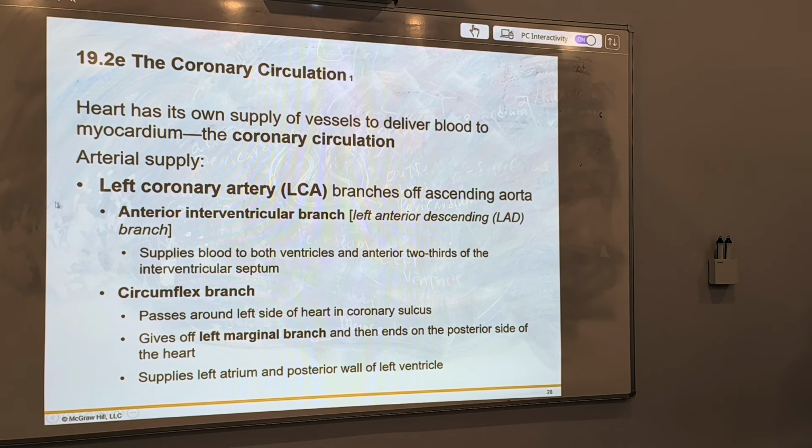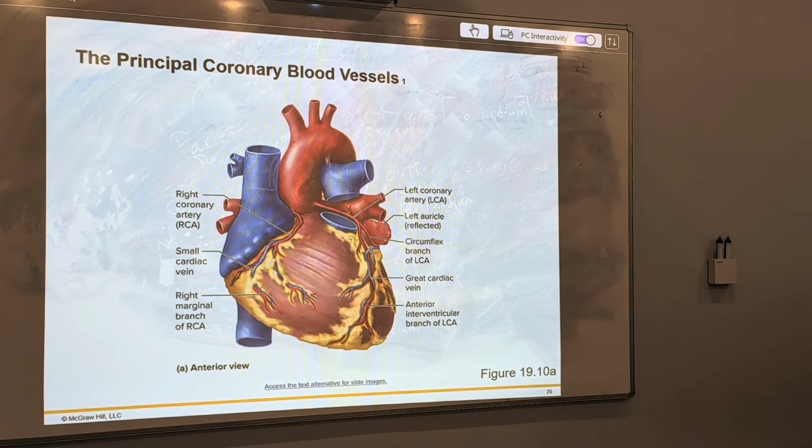And I believe one of the questions on your homework asked you about it: the left coronary artery branches off the ascending aorta, and it supplies blood to both ventricles and the anterior two-thirds of the interventricular septum.